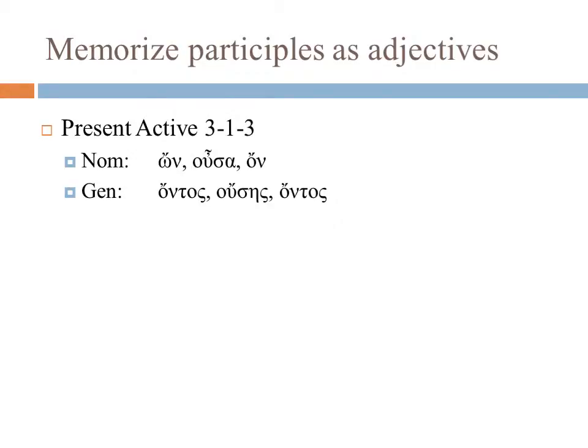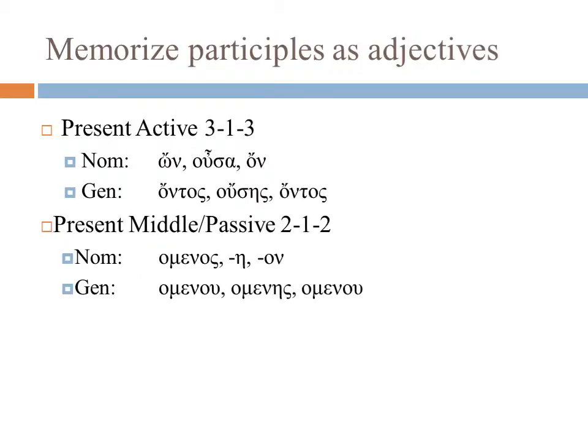So the present active is a 3-1-3. On, ousa, on. Okay, those are the words that you're going to learn. On, ousa, on. And like a third declension, on, we would expect ontos. The same for the neuter. And ousa is a first declension, so we're going to get ousa, ouses. So learn these as separate words.